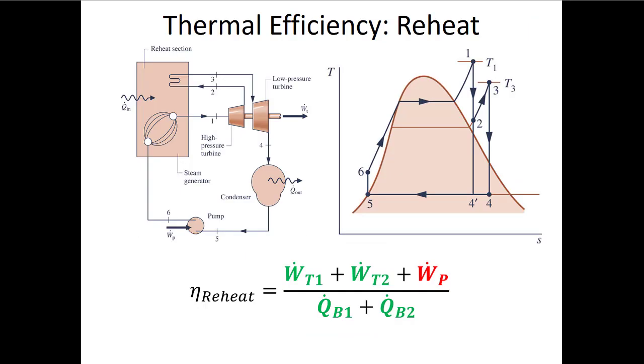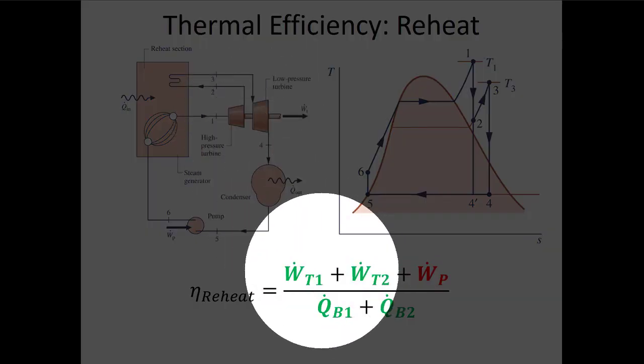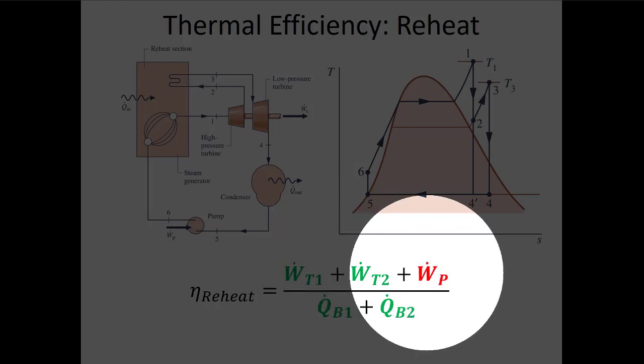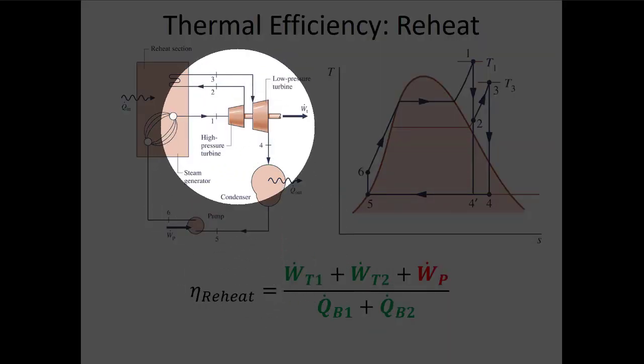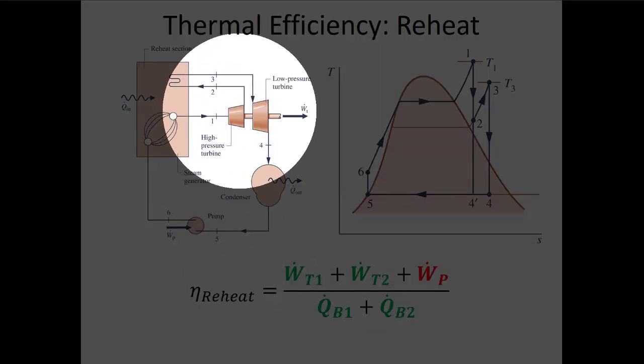So we talked about the Rankine cycle, and the thermal efficiency is still going to be net power divided by heat in. But unlike the 4-component cycle, there's more terms to deal with here, right? So our net power, there are 3 pieces of equipment here that power is important for. The first is the high pressure turbine, which is going to produce power. This is work out.